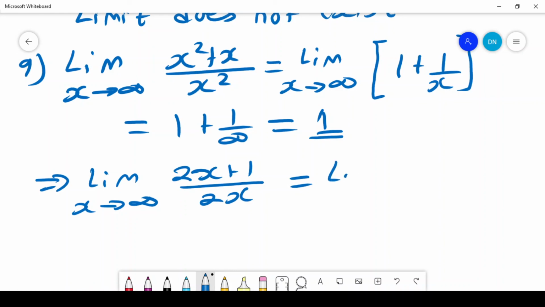Then again, I differentiate a second time. It will be 2 over 2. And definitely that one will be a constant, just like our first problem. I'll stop at that point. So these are some of the examples of how to use limits.